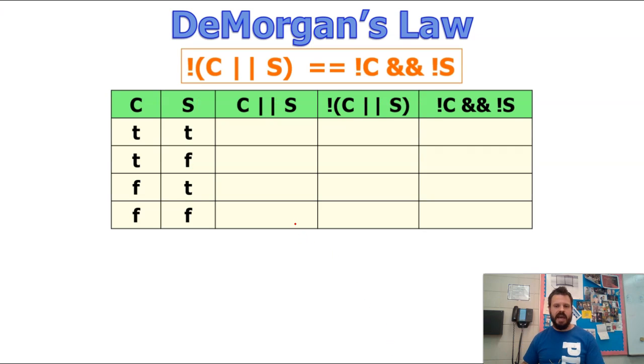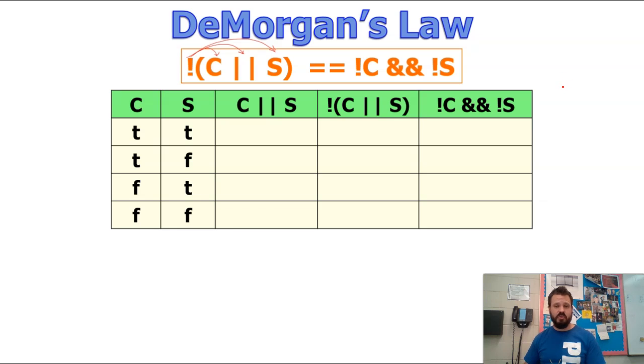So again, we can think of DeMorgan's laws as taking a not operator and distributing it to all three parts. So we have a not C, not S, and then the or changes to an and. Now I think common sense wise this makes sense. If I don't have C or S, that means I don't have C and S. C and S both have to be false.